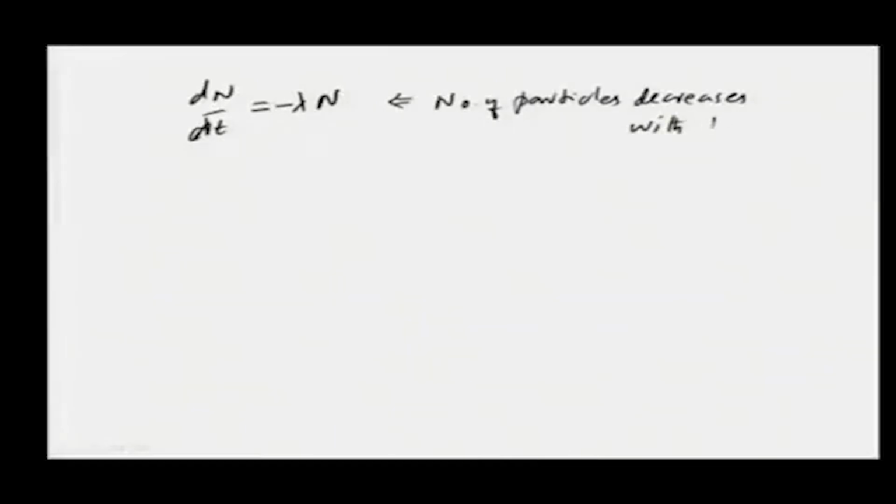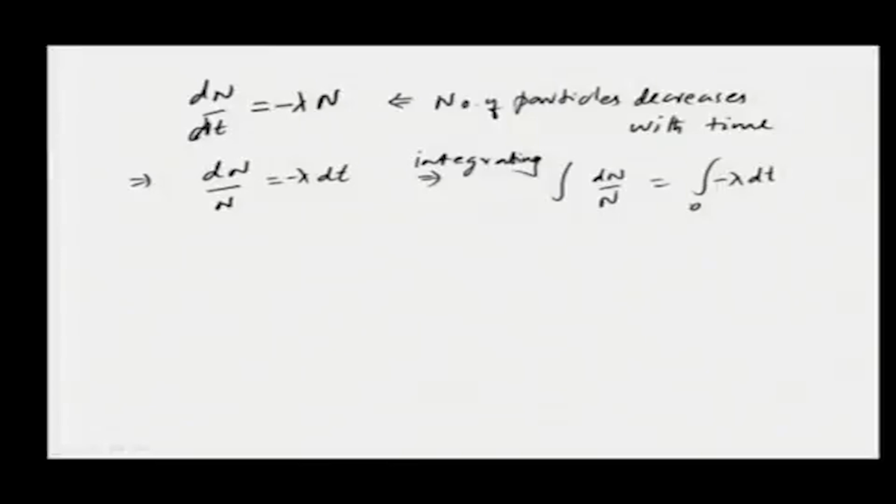Now we can try to get an expression for this. I will rewrite this by taking n to the left hand side: dN over n equals minus lambda times dt. Integrating, say we switch on at time t equal to 0 and ask what happens after some time t.